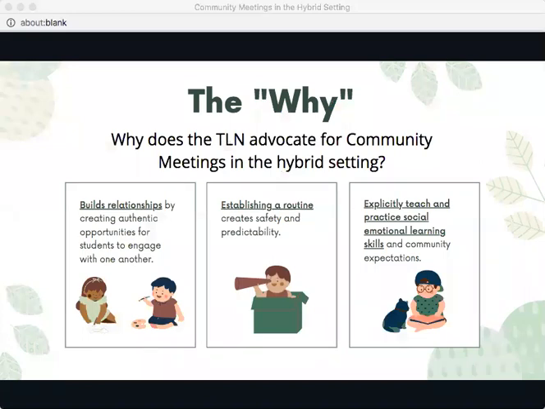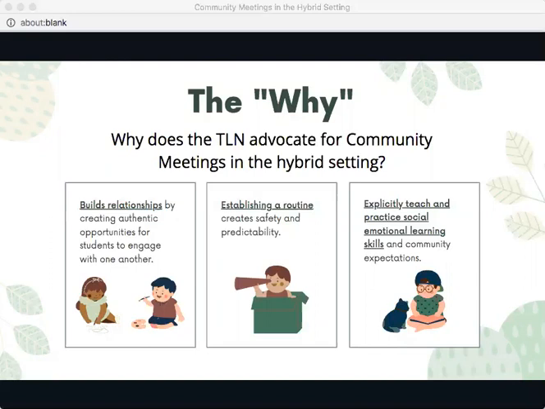So, the why. Why does the TLN, or the Teacher Learning Network, advocate for community meetings in the hybrid setting? First and foremost, these community meetings help to build relationships by creating authentic opportunities for students to engage with one another. They also help us to establish a routine that creates safety and predictability.